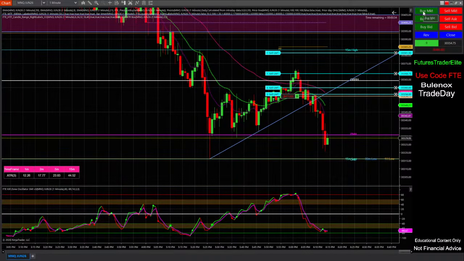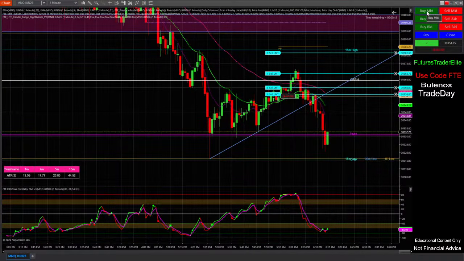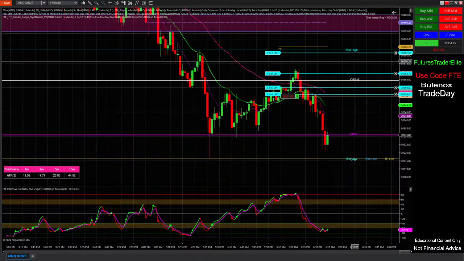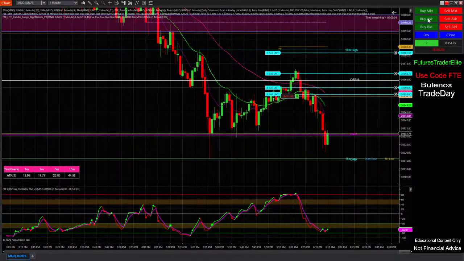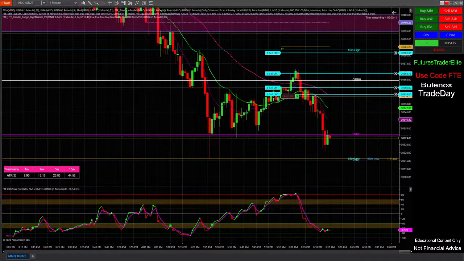Minor EMA's swing. You already know I'm about to do something stupid here. Good job, Richard.